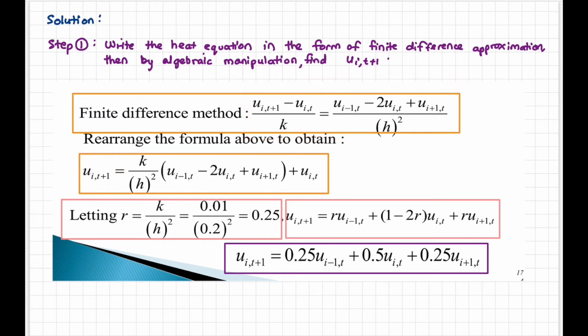Solve for u(i, t+1), letting k over h squared be r. You'll get 0.25. Then you can write this equation u(i, t+1) is equal to 0.25 u(i-1, t) plus 0.5 u(i, t) plus 0.25 u(i+1, t).